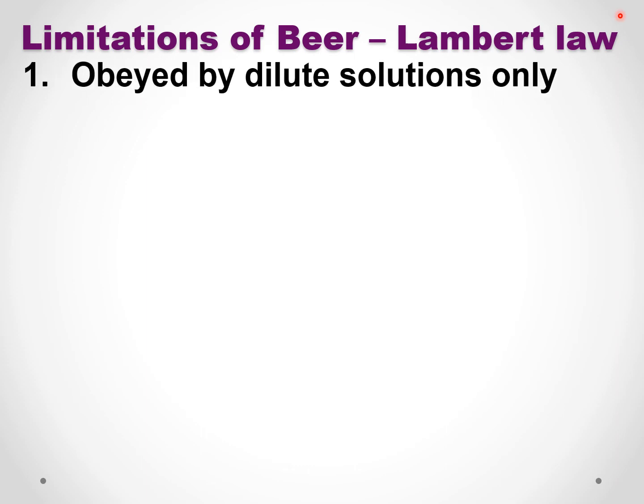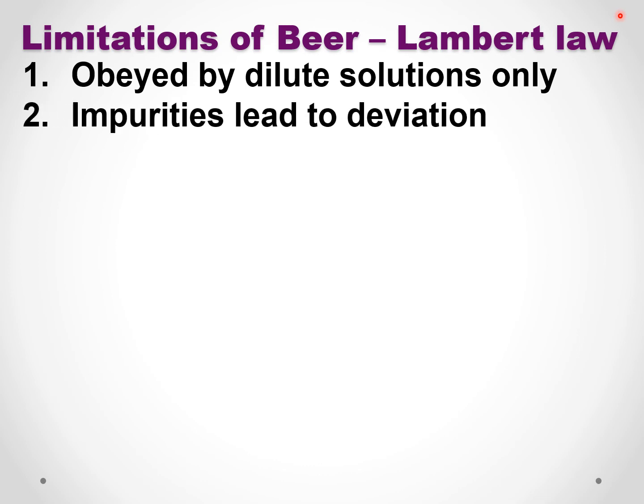Obeyed by dilute solutions only. If the concentration increases, then what happens? It will not obey Beer-Lambert law. Concentration will not be proportional to absorbance, or absorbance will not be proportional to concentration. Then impurities lead to deviation.